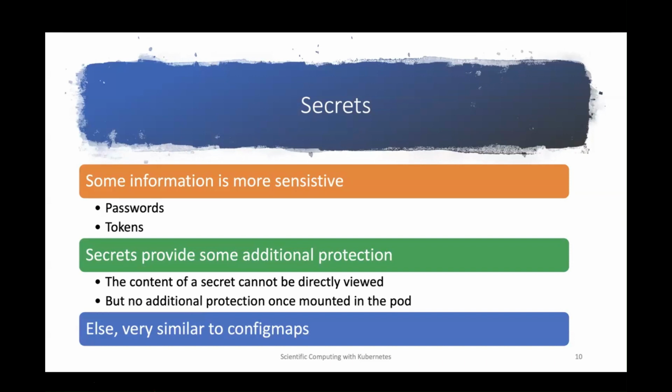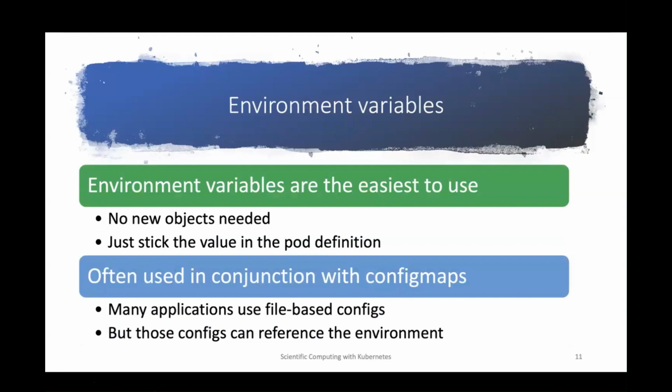But that's about it. While the container is running, your application has access to it. So the protection is minimal, but it's still a good idea when you have something that you want to minimize the risk of being exposed. But conceptually, treat it like an advanced config map.